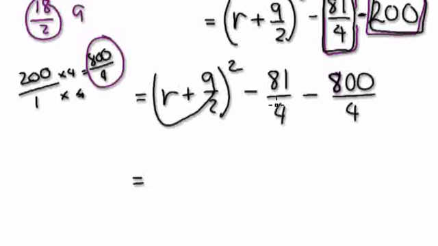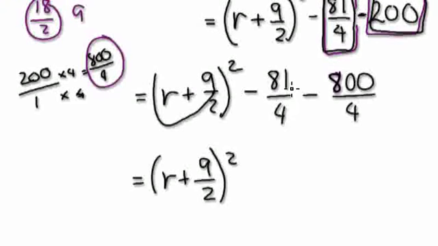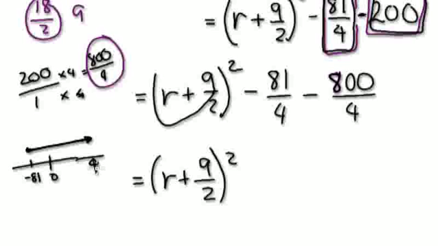So this becomes r plus 9 over 2, squared, and then look at this here. On our number line, you start at minus 81, and then you've got to add 800... What am I talking about? I'm talking gibberish. Sorry.